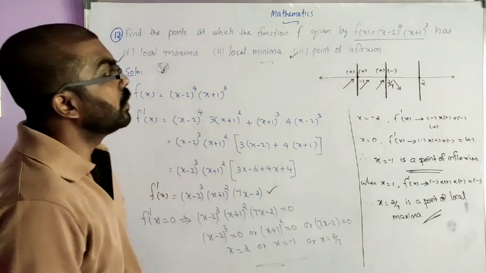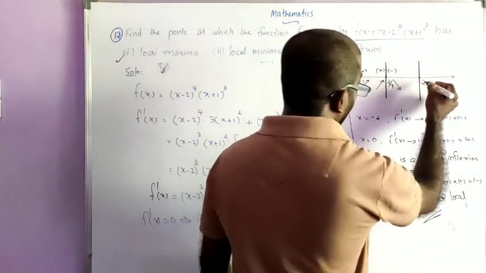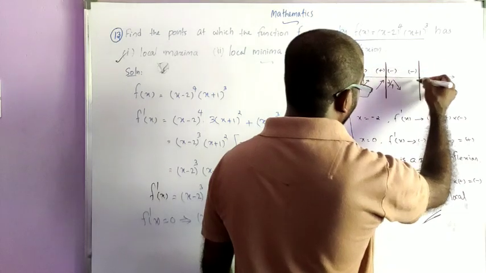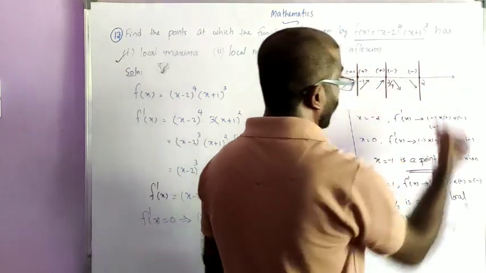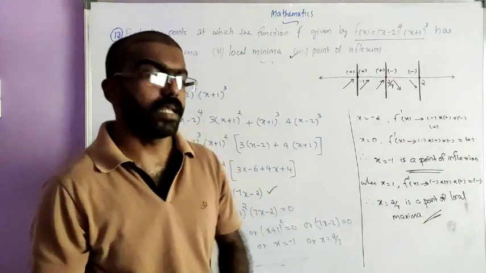Then local minima. One more point is there that we can check. To the left of 2, the sign is negative. We have to take a number which is sufficiently close to and to the right of 2. Let it be 3.